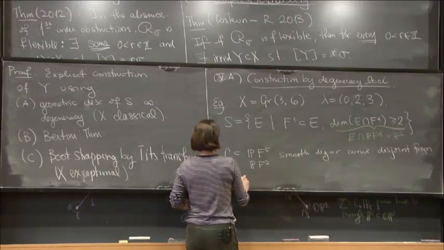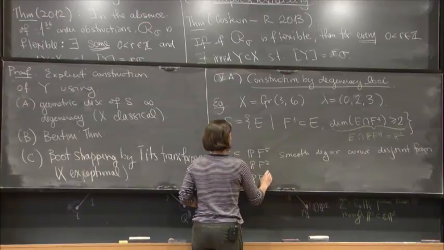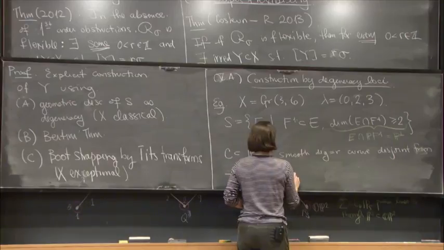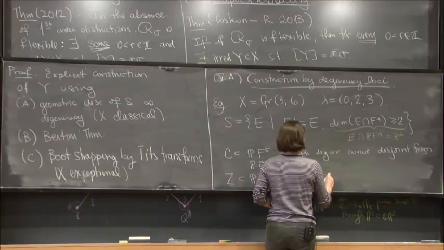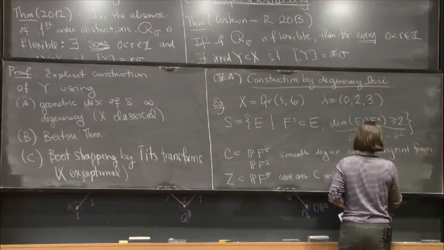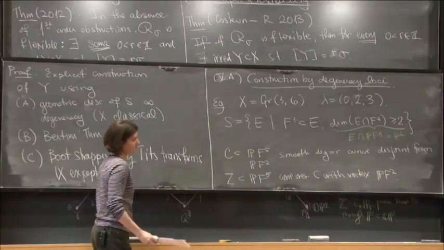And then you let Z be the cone in that projectivization of F5. So it's a cone over the curve with vertex that 1-dimensional linear subspace you avoided.